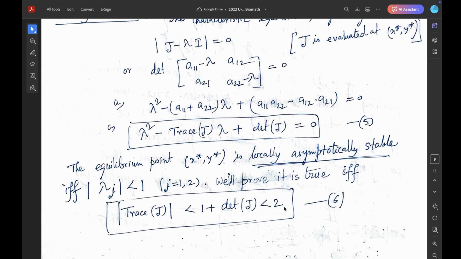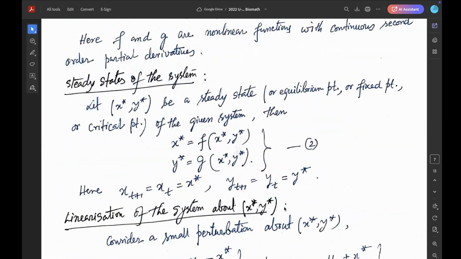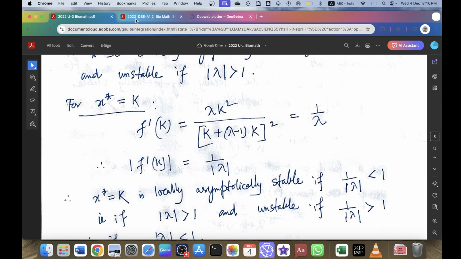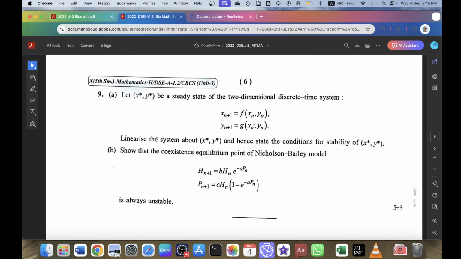We can prove it, but in this question we only need to linearize the system about x star y star and state the conditions. No proof is asked here, and it is very difficult to prove this condition, with a lengthy, cumbersome proof. So here we only state the condition of stability for x star y star.